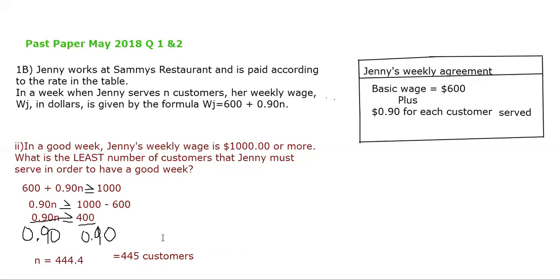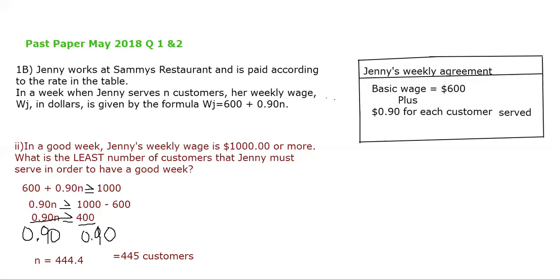No, we cannot say that we have n, right? After we divided everything and worked everything out, we got 444.4. We cannot say decimals when it comes to customers. They're people. You cannot have 0.4 of a person. Now, when we're rounding this off, notice that it's lower than 5.